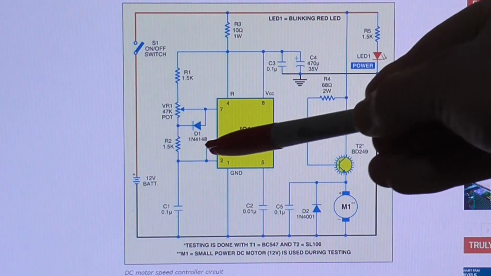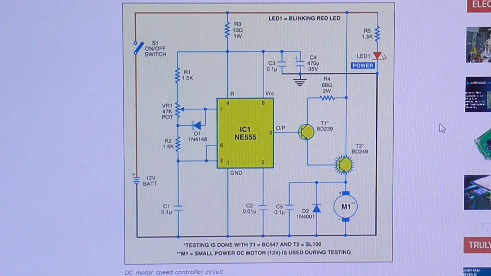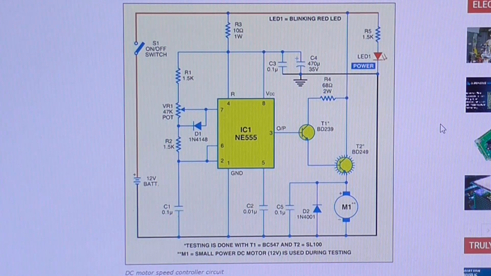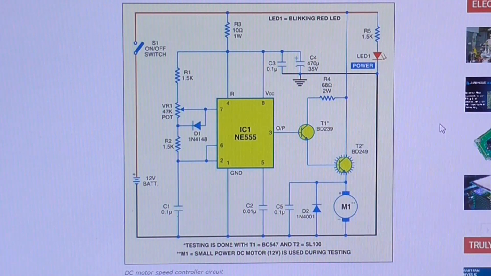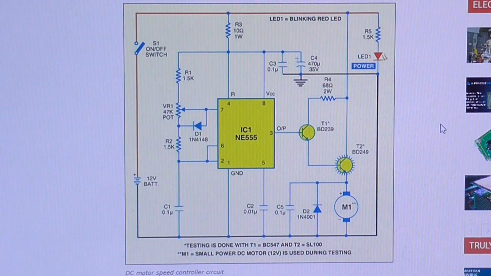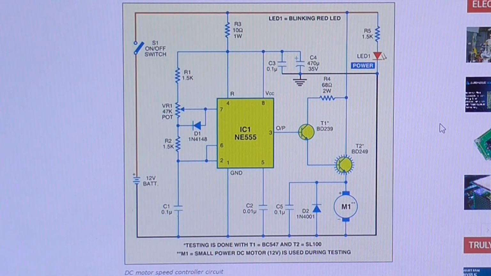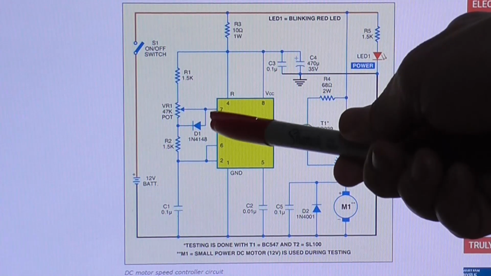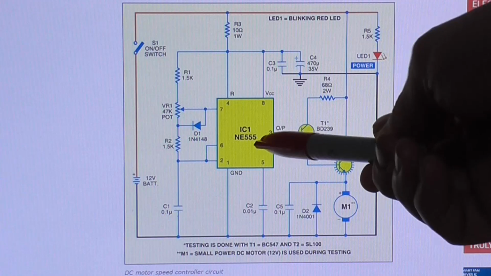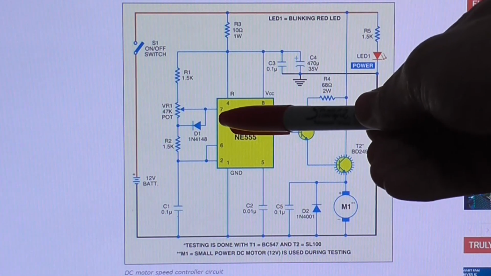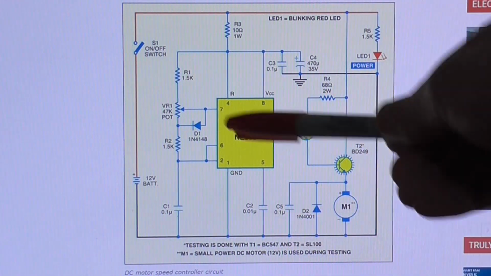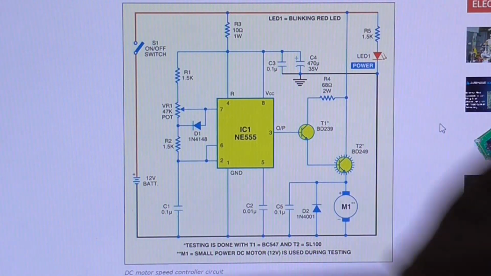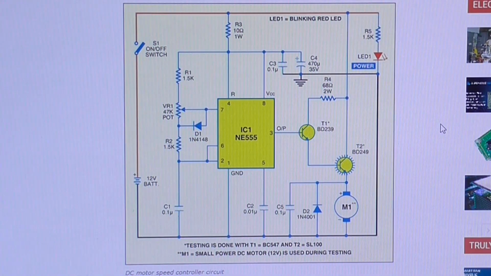What the purpose of this diode here, which is a 1N4148 between pin 7 and the bottom of the pot, I'm not actually sure. It doesn't actually say in the description below. However, what I think they're trying to do is ignore the discharge signal when this output is high, because that then brings this discharge pin to ground, so it helps to discharge this capacitor so it can go back into the next cycle.